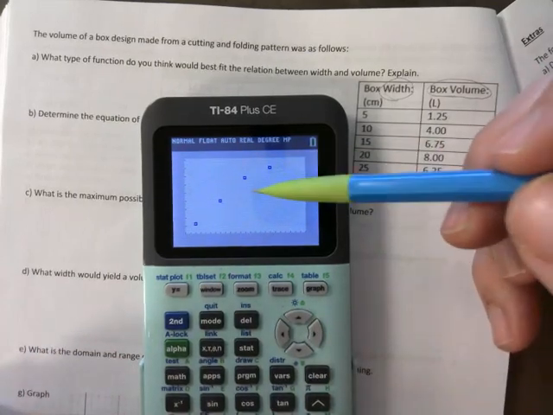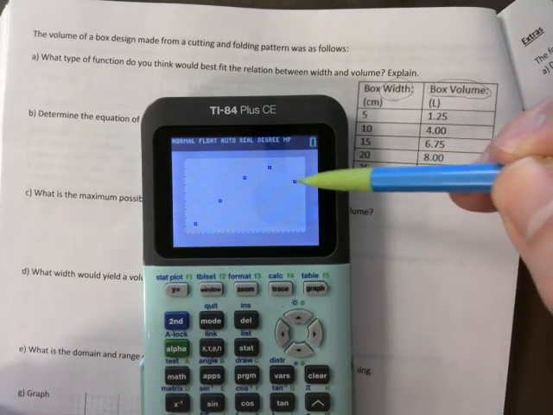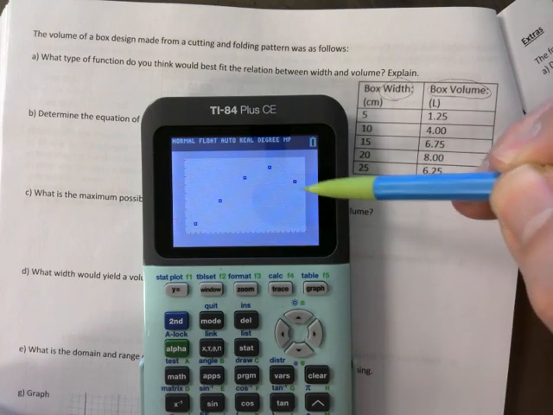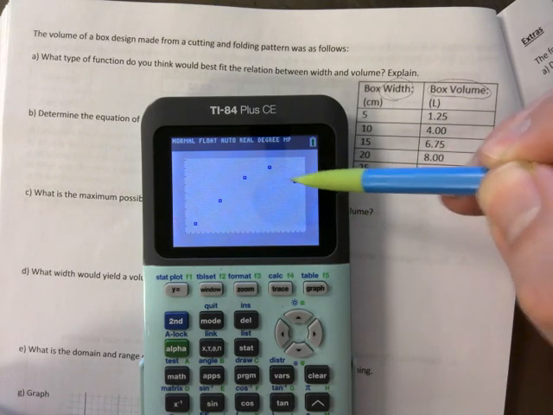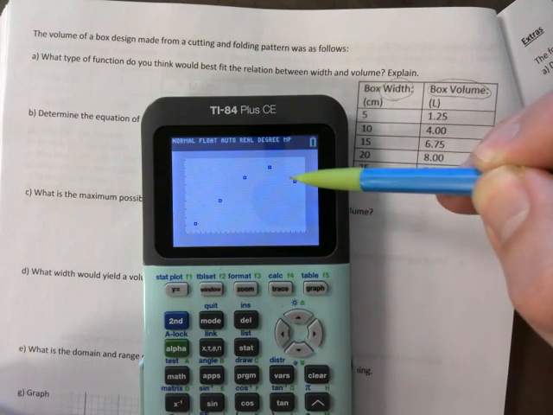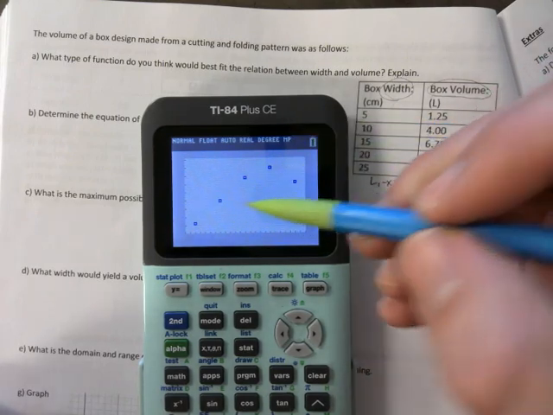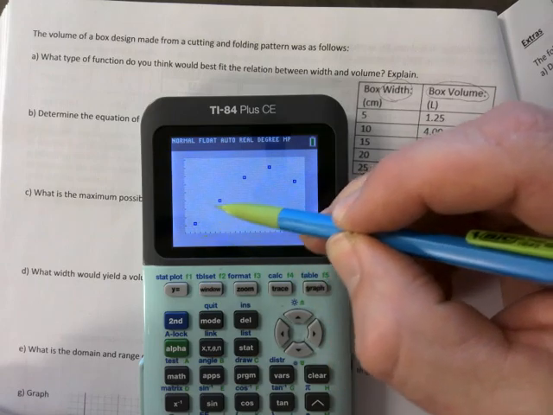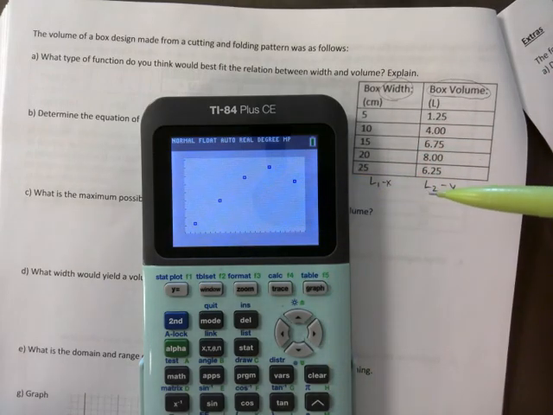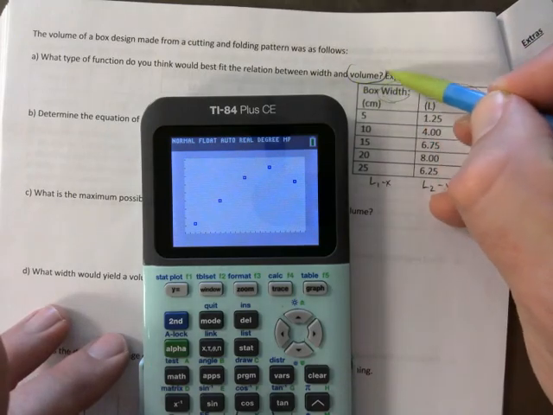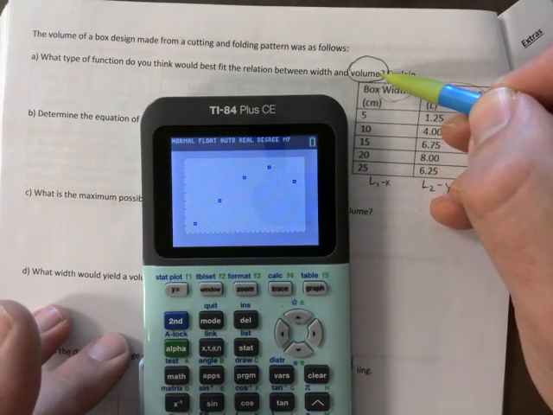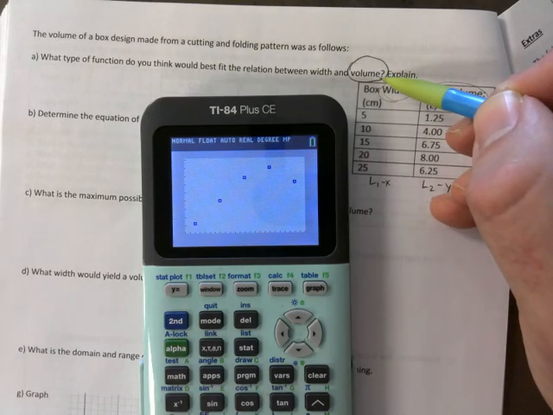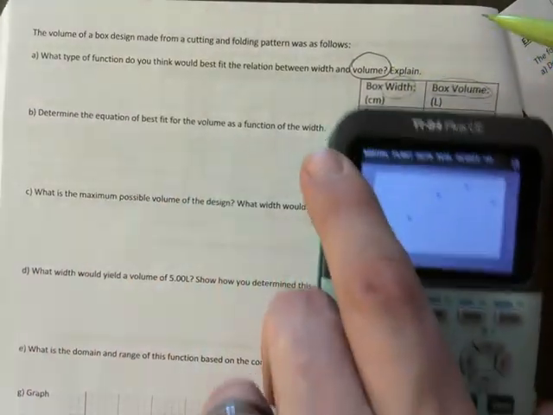And at first glance, you may think this is a quadratic, right? Because it does this and then down. I don't know if you can see it. It does kind of appear doing this, but in this case, I would just say because it's volume, you have to say it's cubic. Okay, so sometimes you just have to know what's what.